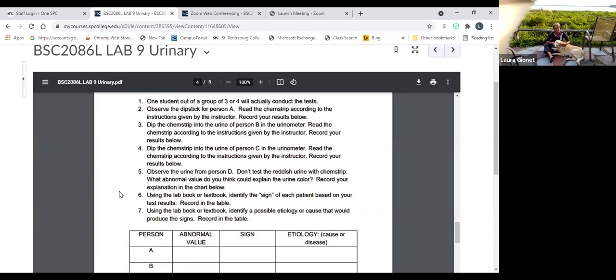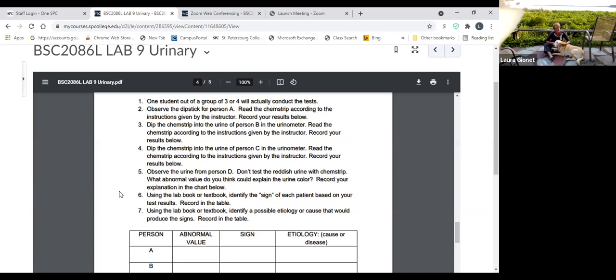Okay, so you can read how you do this, but you use the handle of the chem strip. You do a quick dip into your specimen, and I will tell you, you very quickly dip and then put it on the horizontal, and let it maybe lie on a paper towel, so that as you dip in and out, the urine from one reagent pad does not travel down to the next one.